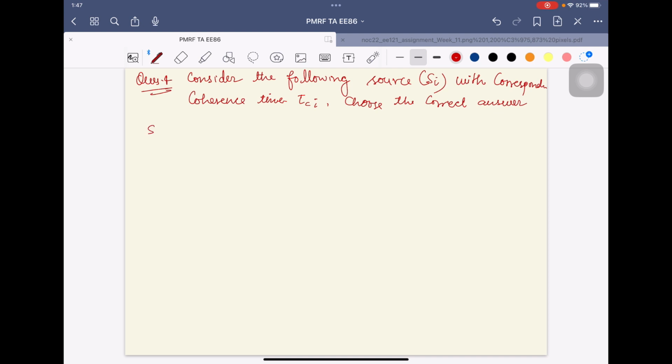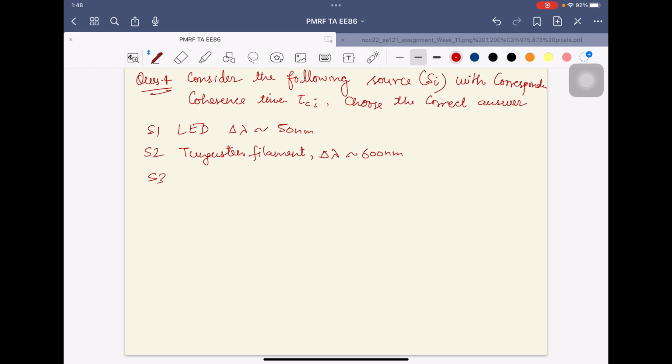Source 1 is given as an LED, whose delta lambda is somewhat 50 nanometer. Source 2 is given as a tungsten filament, and its spectral width is around 600 nanometer.